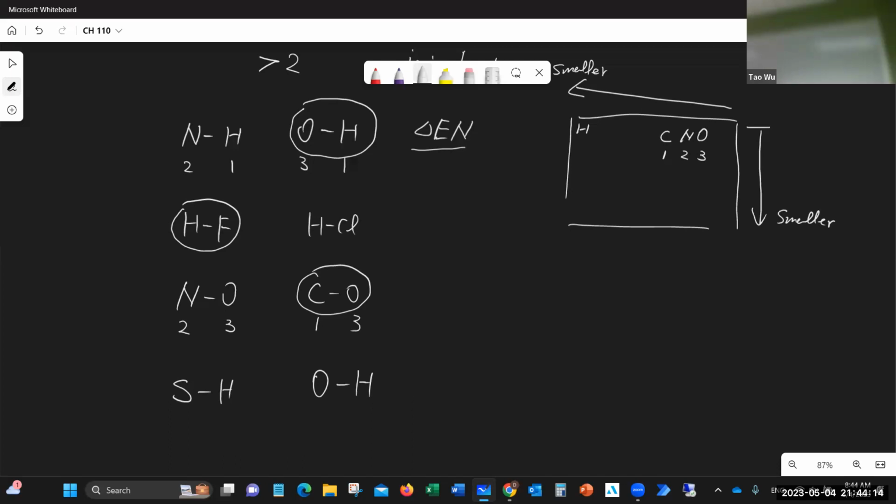If two atoms are farther apart, it means they have a higher difference of electronegativity. Okay, go ahead and work on the CDE.